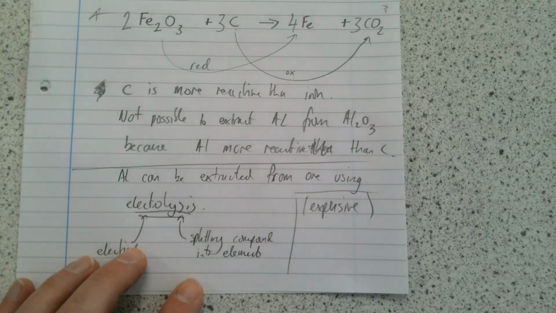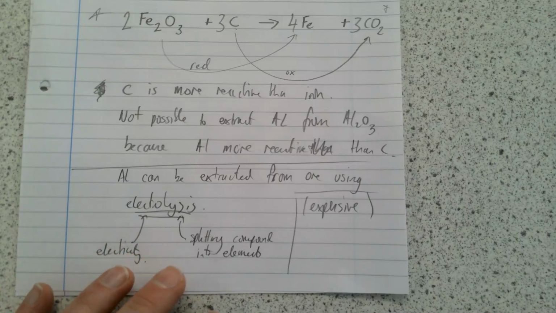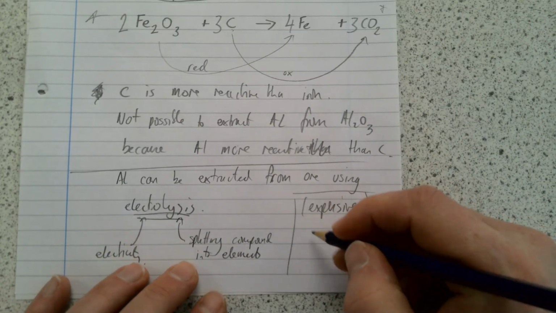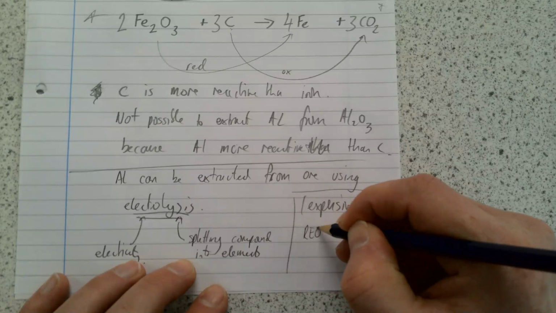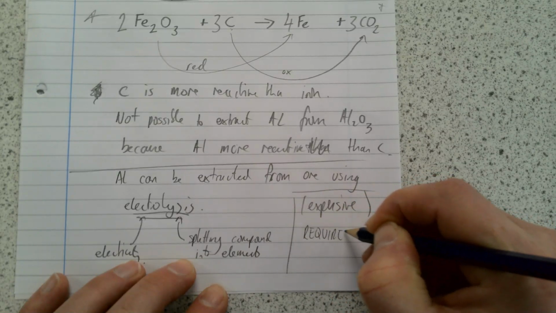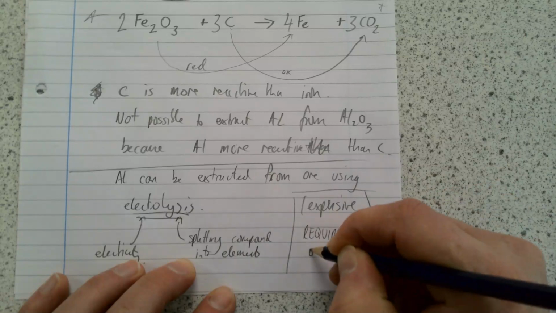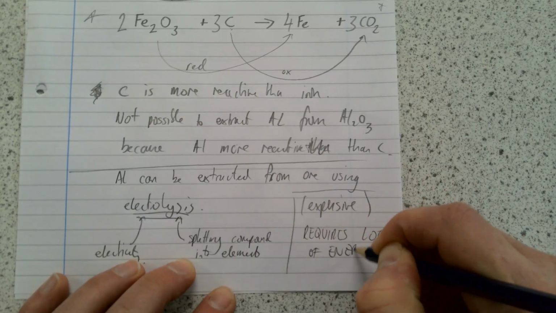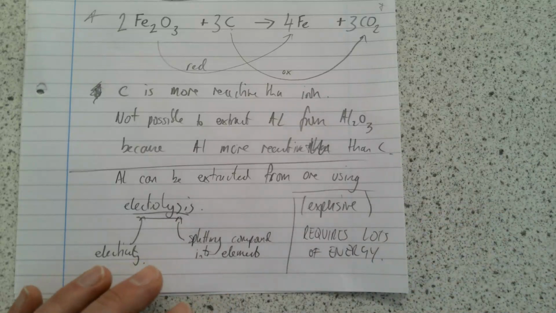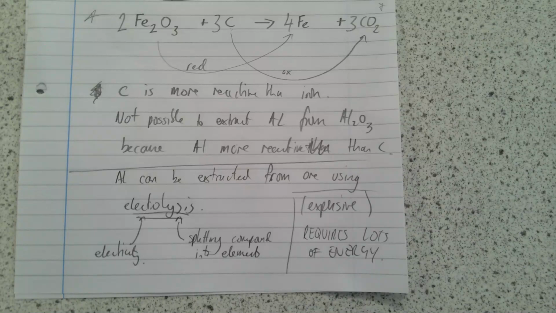The issue really is the fact that it requires lots of energy. And that has cost implications, right? But it also has implications in terms of generating carbon dioxide when you make that electricity, so it's potential global warming issues and so on, right?